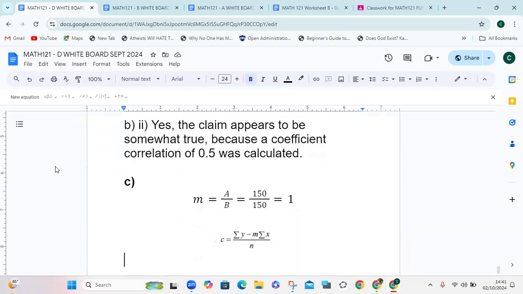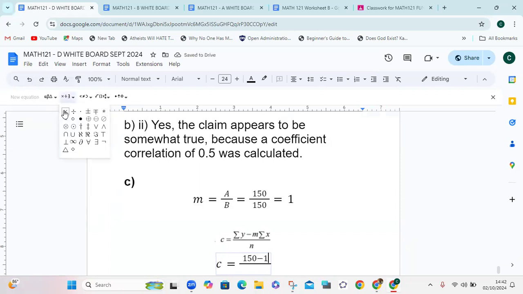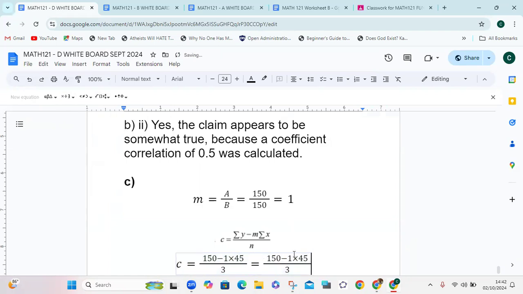And we got m to be 1. And n is 3, the number of pairs. So the y-intercept c is equal to the sum of y, which is 150, take away m, which is 1, times the sum of x, which is 45, divided by 3. Minus 1 times 45 is minus 45 over 3.